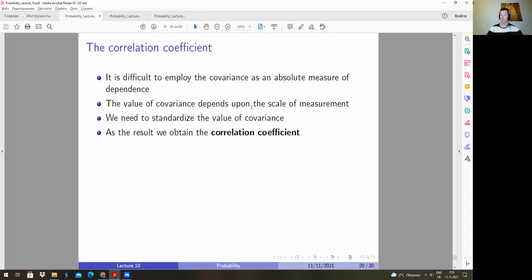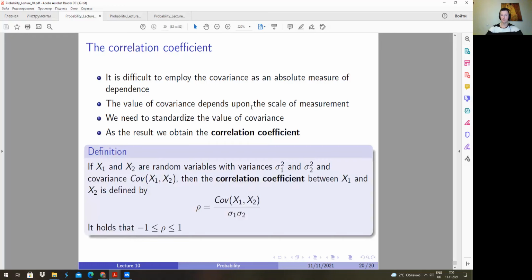And we do this with the help of the correlation coefficient. When we standardize the covariance, we derive something which is called the correlation coefficient. So the definition is the following. If we have two random variables, x1, x2, they have variances sigma 1 squared and sigma 2 squared, and they have a covariance of x1, x2, then the correlation coefficient between x1 and x2 is defined as following.